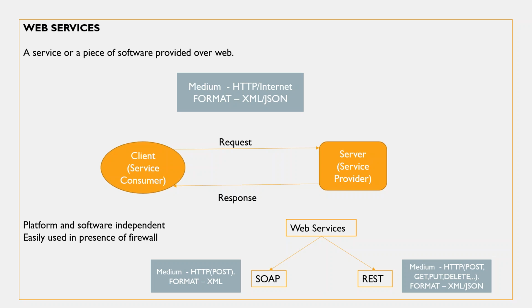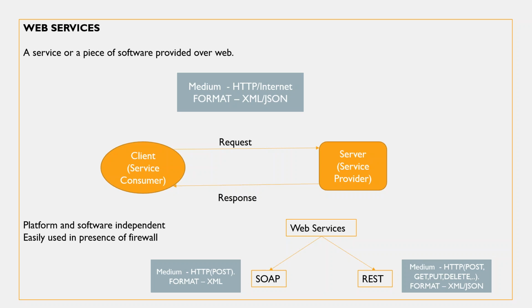Say, for example, you have an application built with Java on a Linux platform using an Oracle database as its backend, and one more application built on C++ over a Windows platform using a MySQL database. If these two applications have to communicate with each other over the internet, then web services make it possible.